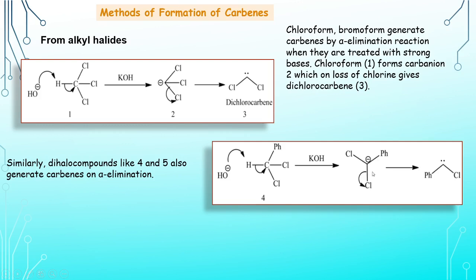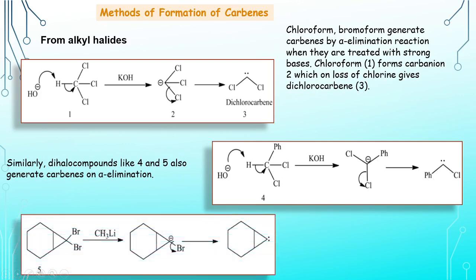After the removal of this chlorine it gives the carbene. Here also you can prepare from this. In the first step this can remove this Br and there is a formation of negative charge, and after the removal of this bromine atom we get the carbene.